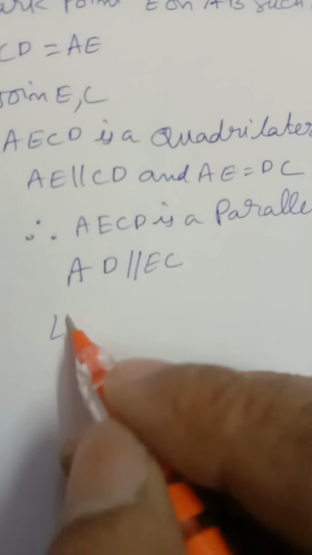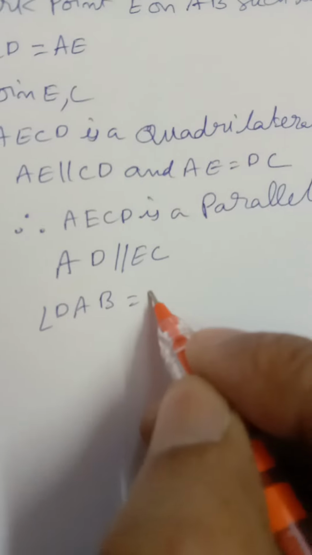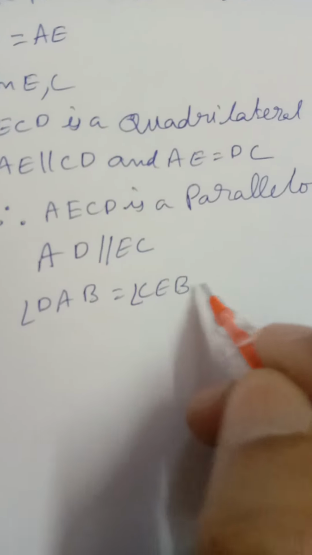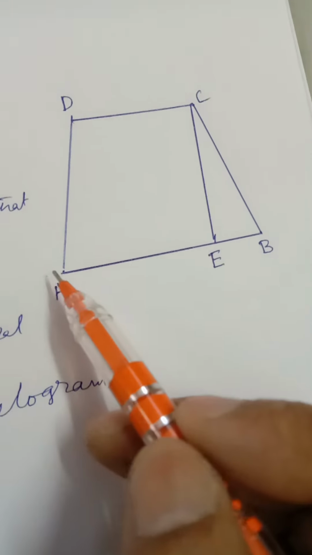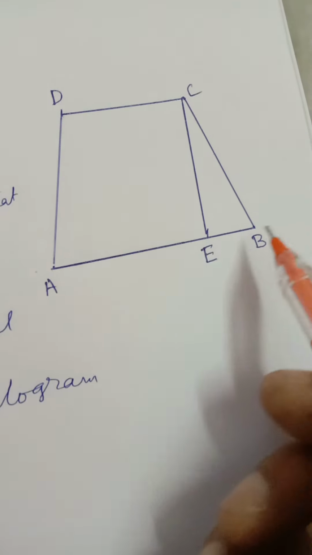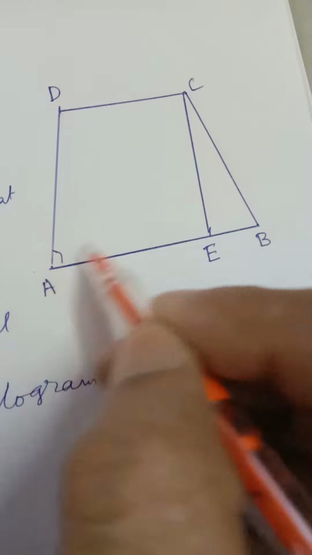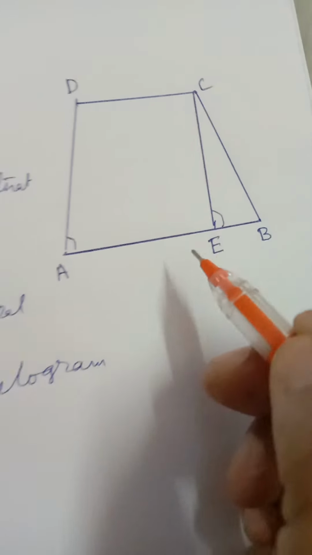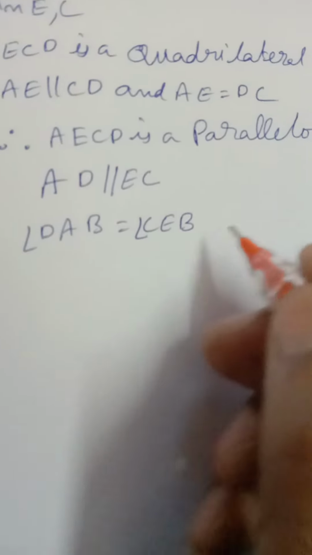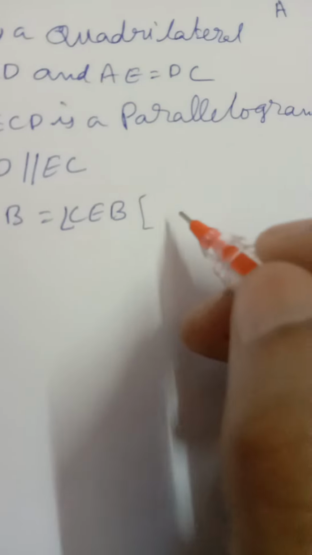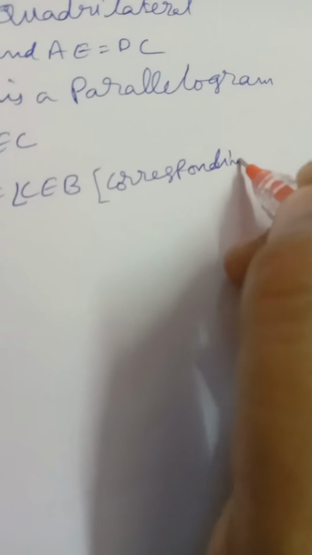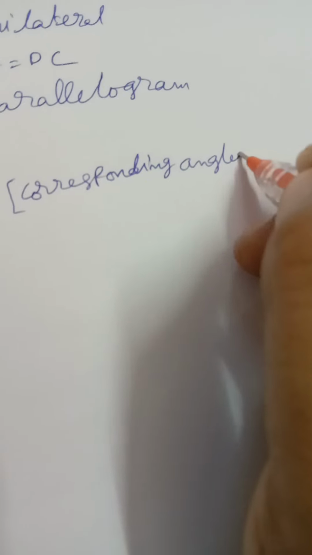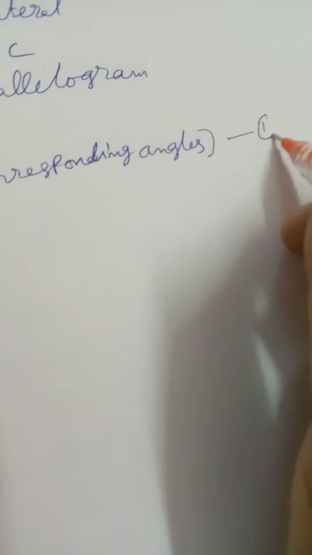Angle DAB is equal to angle CEB, corresponding angles are equal. This is equation 1.